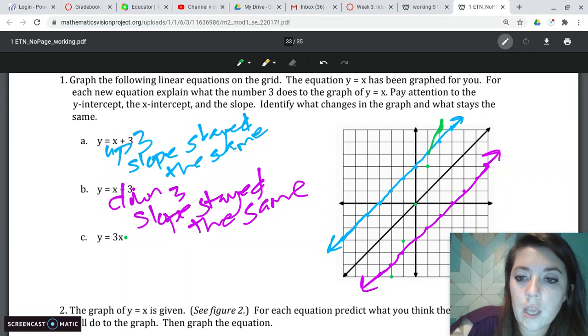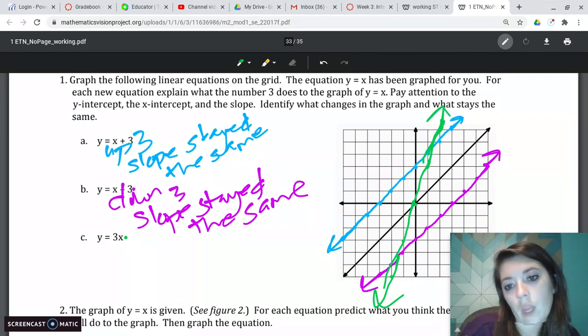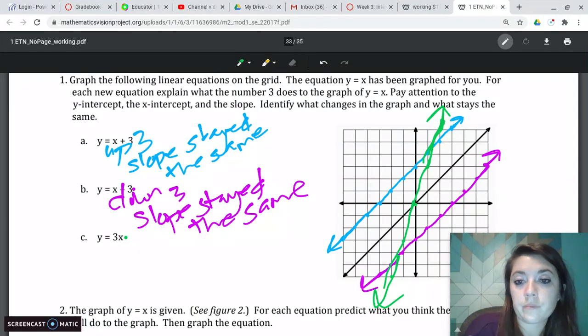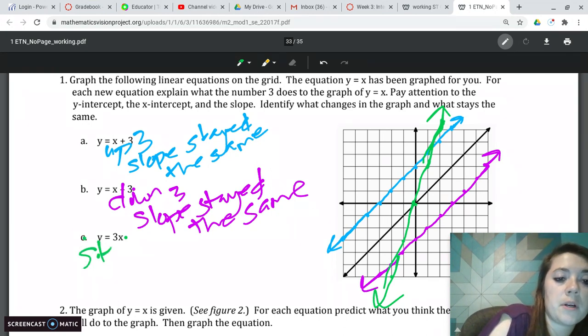I'm going to do the best I can. Try to do better than me, because mine is kind of, sort of, a little hard to look at. But what is different in this one? It's got a steeper slope.